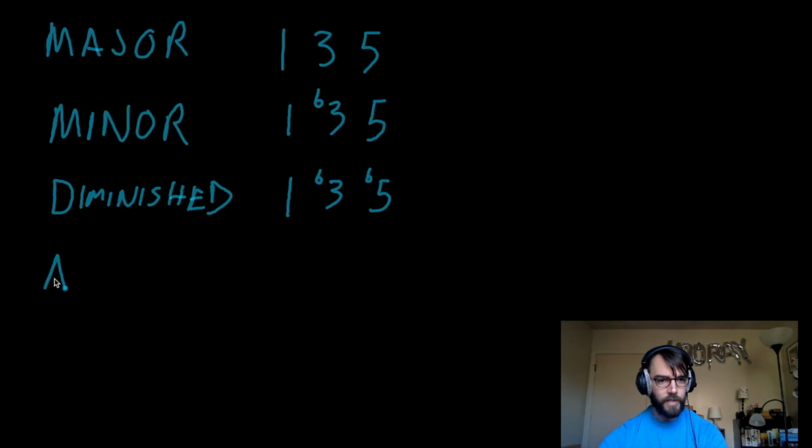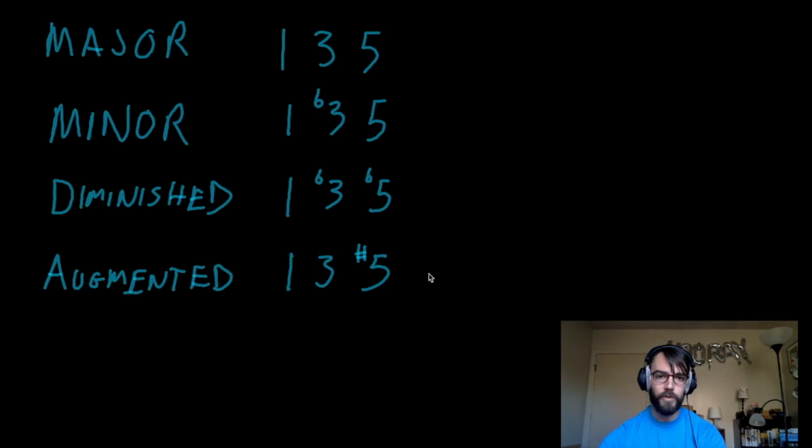One we haven't talked about yet, I don't believe, is the augmented chord. Rather than flatting notes, we will be sharping, in this case, the fifth. So if you take a major chord and you raise the fifth, then you get an augmented chord.